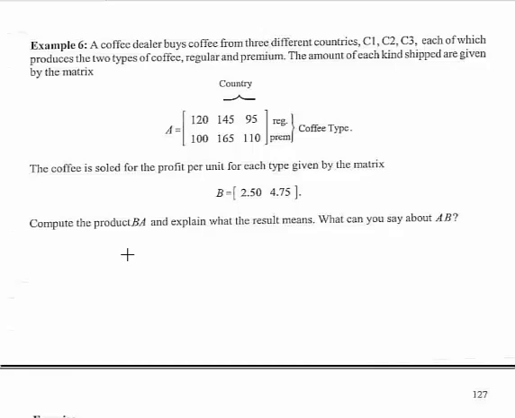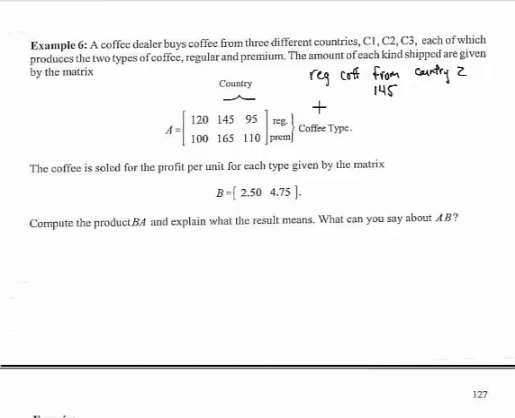Okay. So, in other words, if we bought regular coffee from country 2, well, regular coffee is in the first row, and country 2 is in the second column, so that would be 145, I'm guessing.